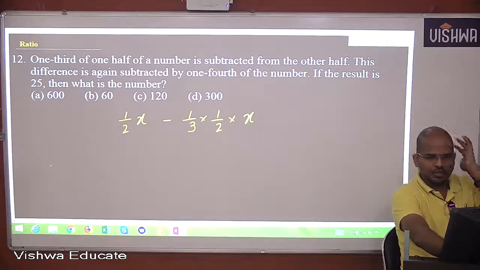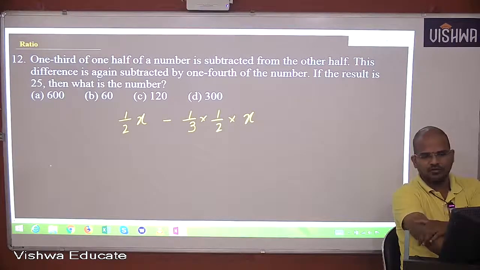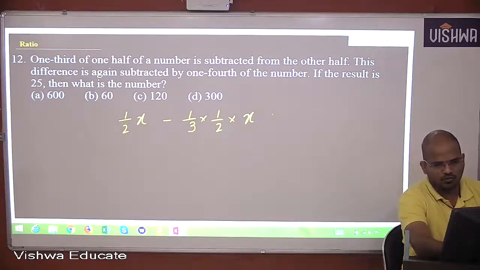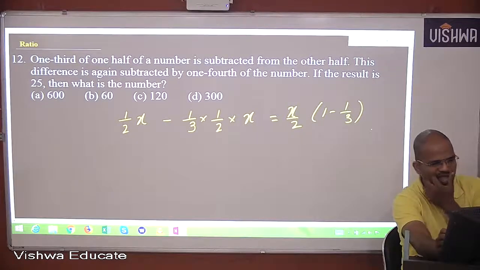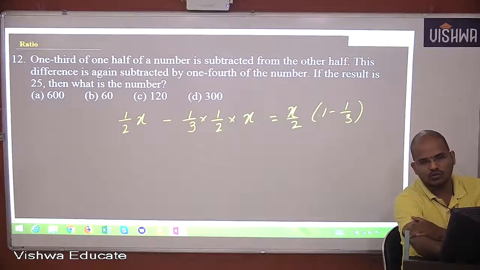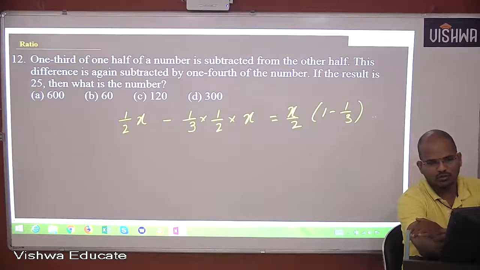If we take x by 2 common, that is 1 minus 1 by 3, so this would be 3 minus 1, 2 by 3. This would be x by 3.